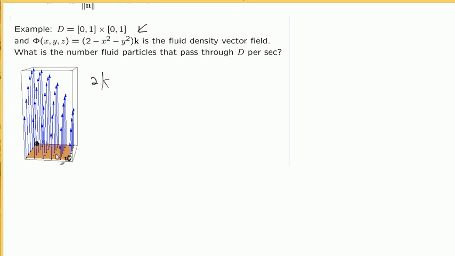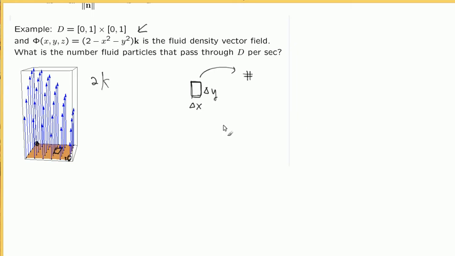So if I choose a tiny plate down there, does it look like, over in here, that it's delta x and delta y, however it's oriented? Turn around. So what is the number of particles that pass through there? Let's calculate that.